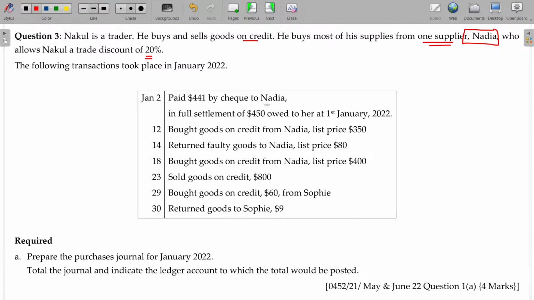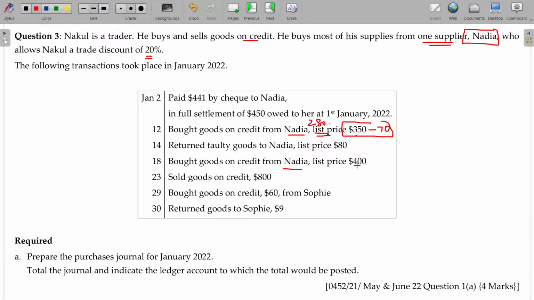So he bought goods from Nadia. Always remember that the 20% trade discount should be removed. So 20% of 350 being 70 should always be removed. That is only the given price in the list. The price list will not be considered at all. So 280 is the final price.